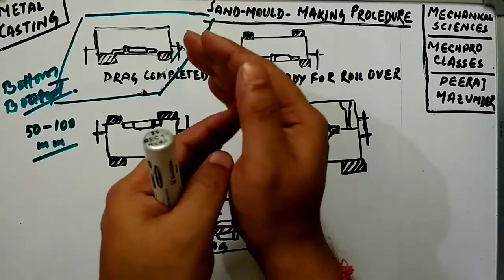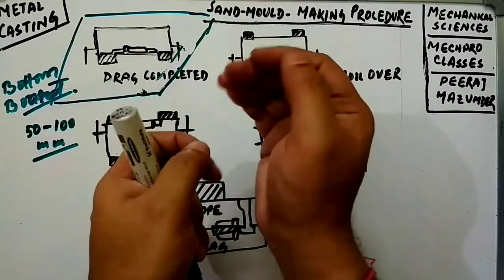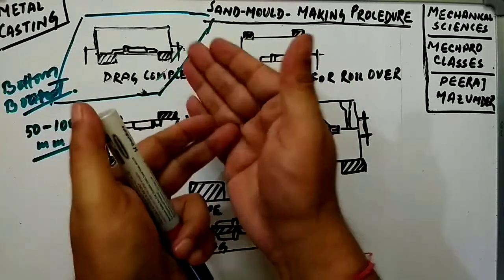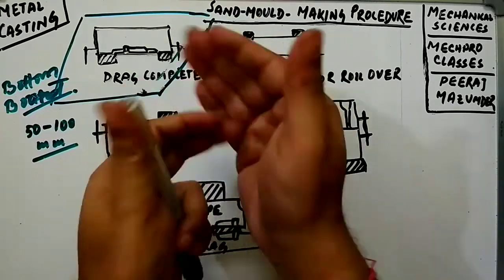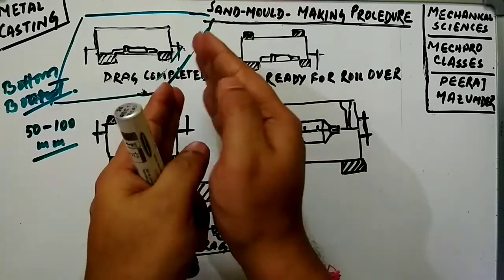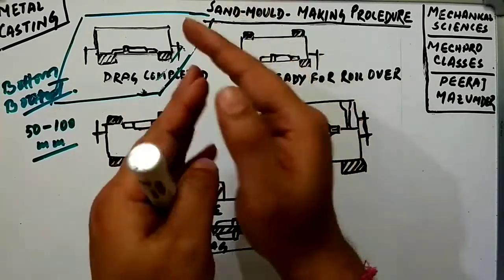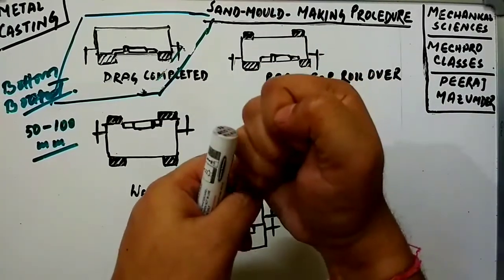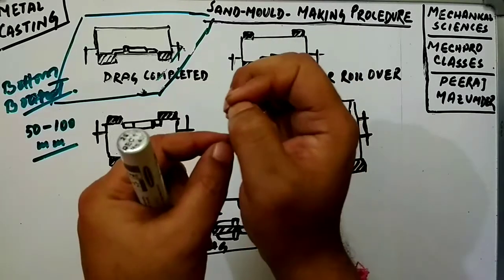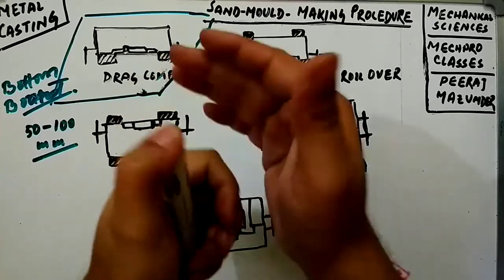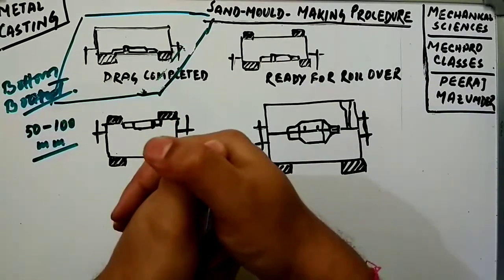If you make it too hard, escape of gases will not take place, and that will produce casting defects. And if you ram it too loose, then the mold will not have enough strength. So you have to ram the sand very properly. That is the main idea behind this sound casting process.